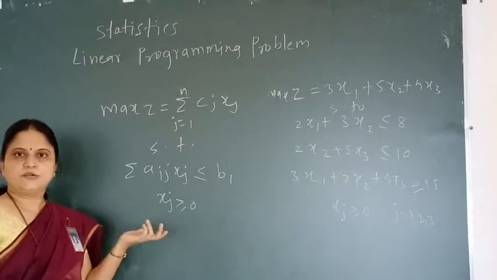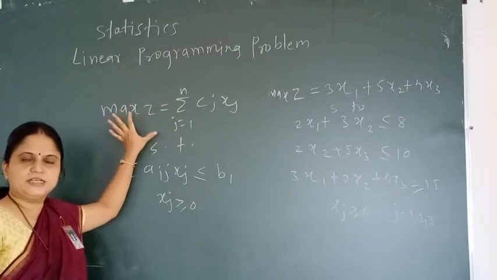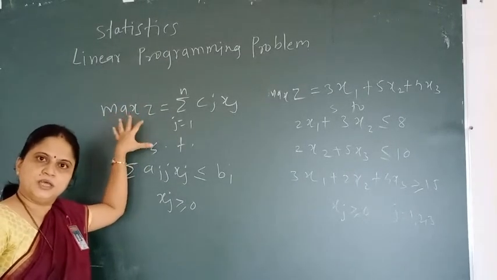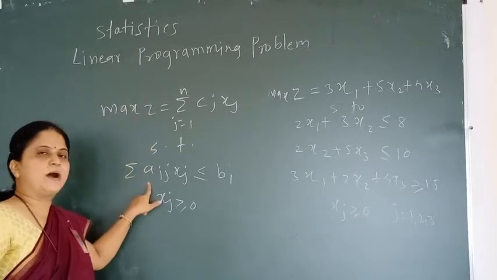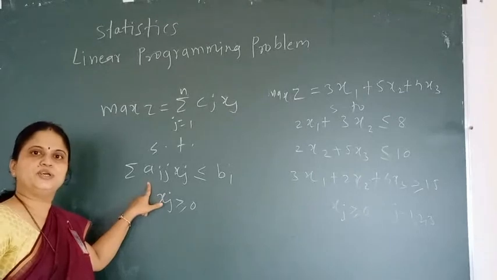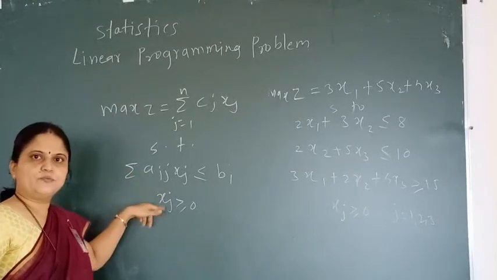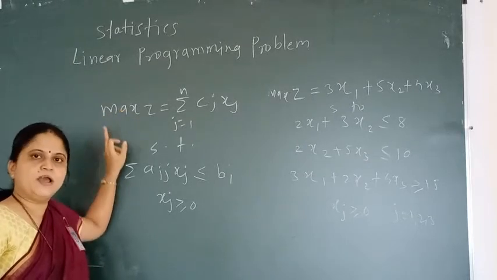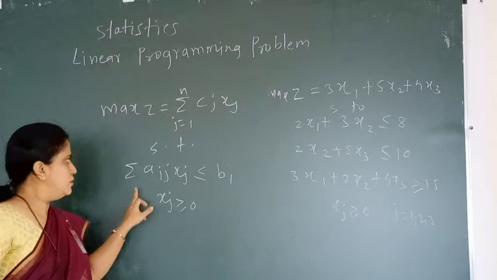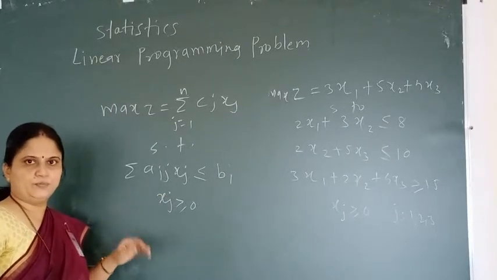See, in our standard form, z is optimized, it may be maximization or minimization type. Okay, and our constraints may be less than or equal to or greater than or equal to type. But in canonical form, our objective function is strictly of maximization type, and our constraints are strictly less than or equal to type.